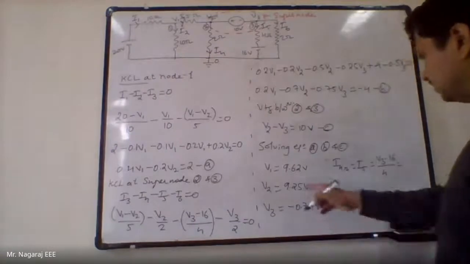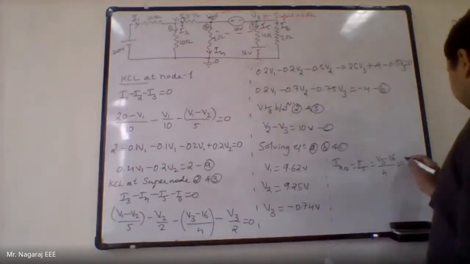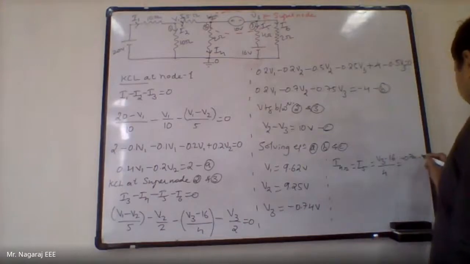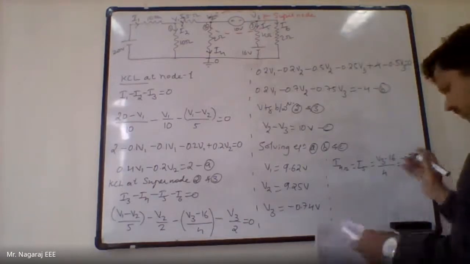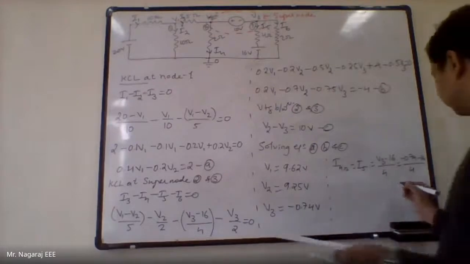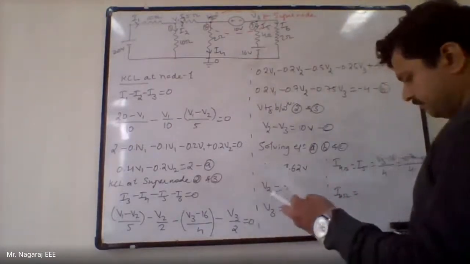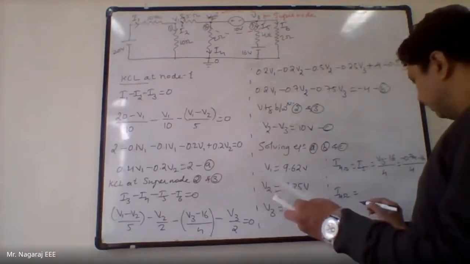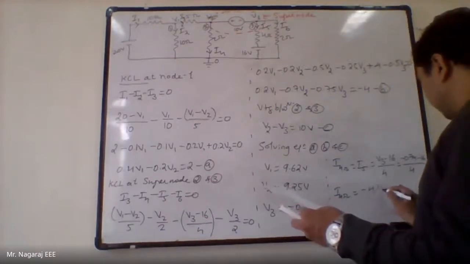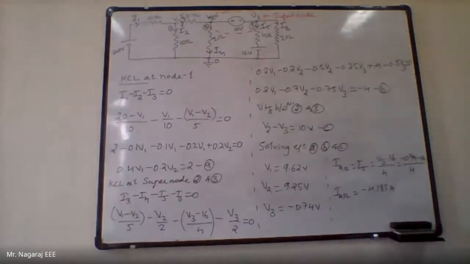That is, V3 is minus 0.74, minus 16, divided by 4. This equals minus 4.185 amps.